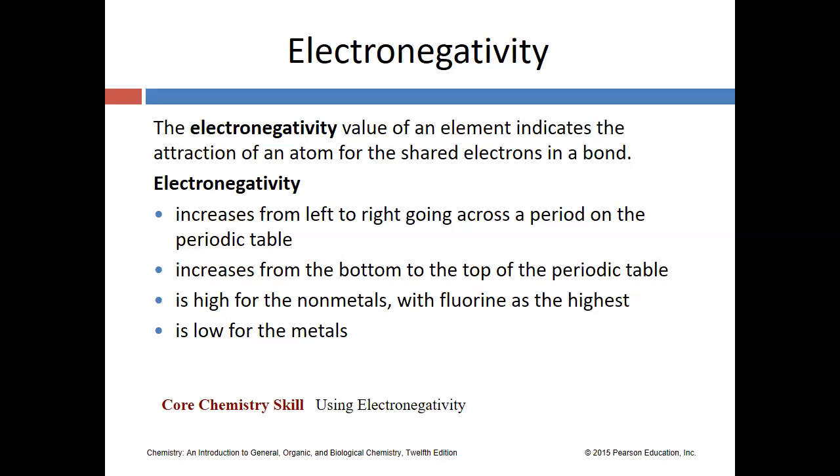As you go up and to the right, the electronegativity tends to increase. As you go down and to the left, it decreases. And so if we were to plot all of the different electronegativities of all of the elements on the periodic table, what we would find is that fluorine is the most electronegative element, and francium is the least.